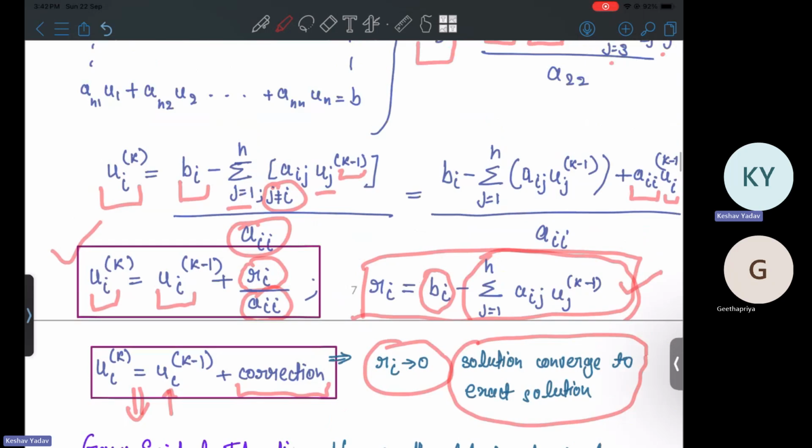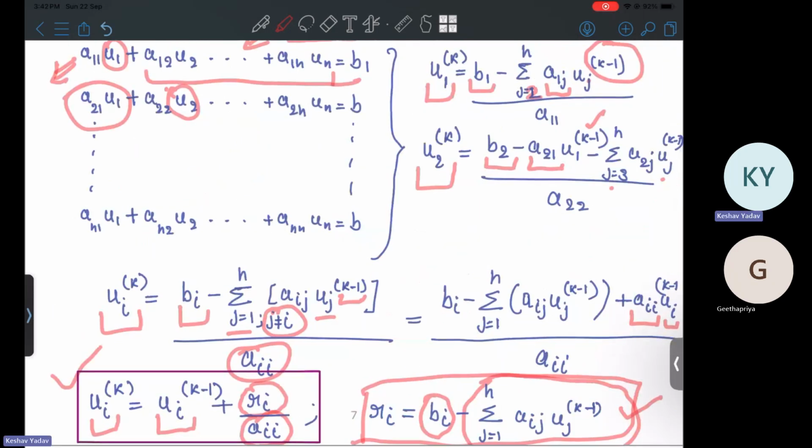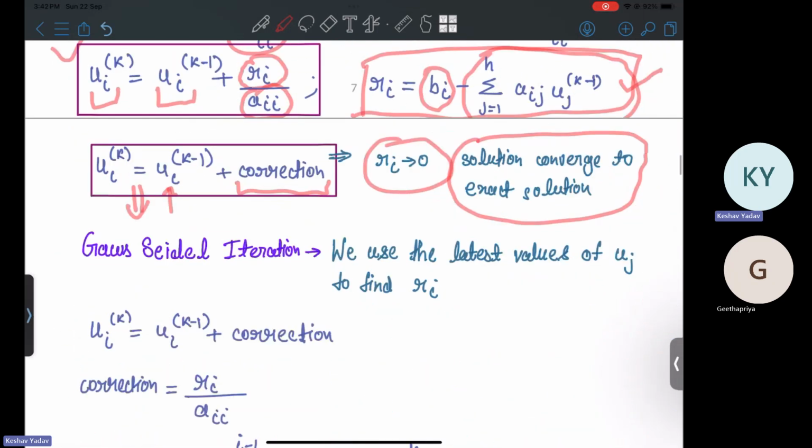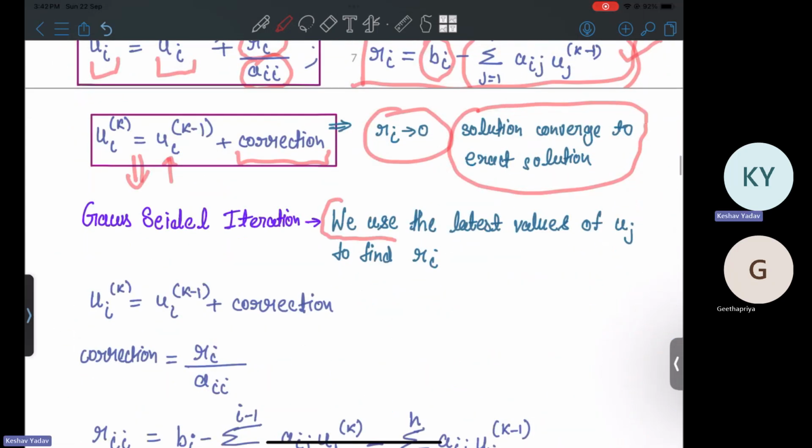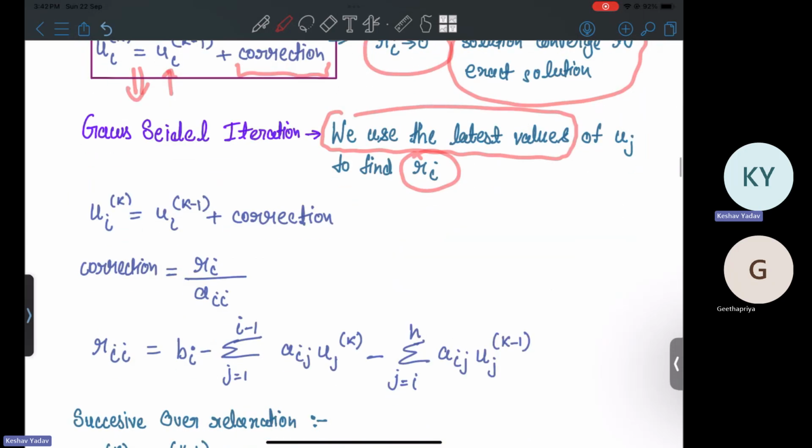So what we are doing here: suppose I am calculating the value for the second equation. I am using the value of u1, which is known for the kth iteration, but we are using the previous value. So in Gauss-Seidel, we use the latest value of uj to find the ri. The equation remains the same: ui at kth will be equal to ui at k minus 1th plus correction.